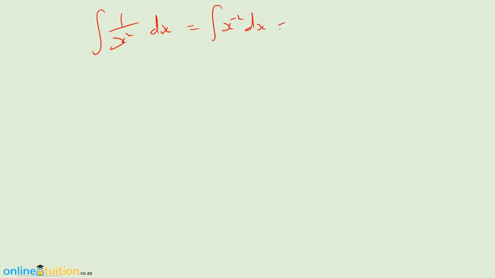And this is solved because you're going to add 1 to the power, so minus 2 plus 1, plus a constant. So what does that become? That becomes x to the minus 1 all over minus 1 plus a constant. And we know this becomes minus 1 over x plus a constant. That's the integral of 1 over x squared dx.